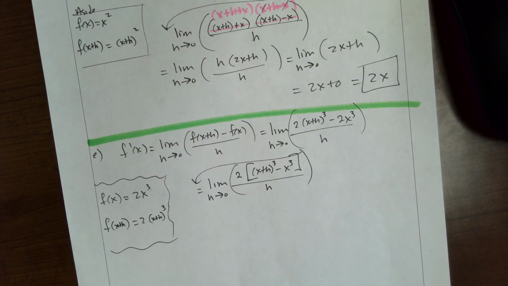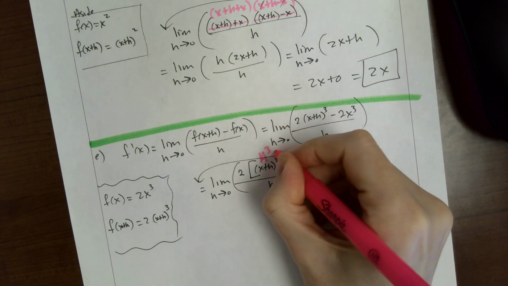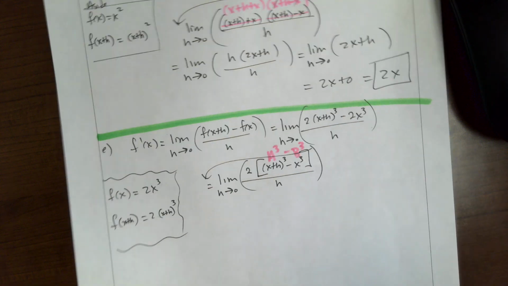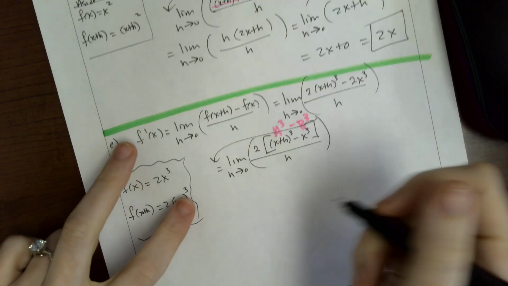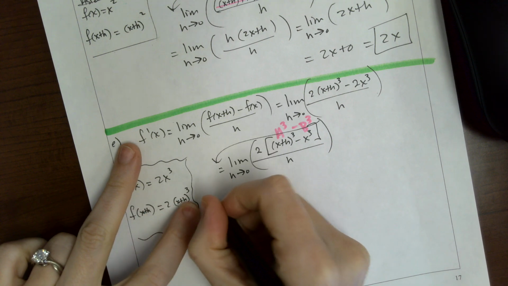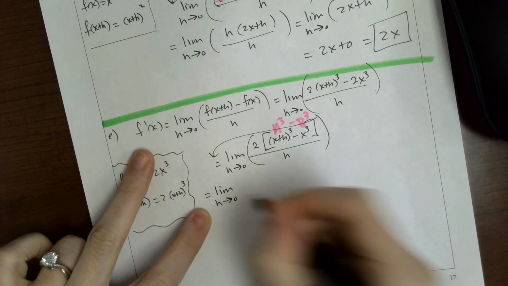Yes, and now inside here we have a difference of cubes. So this is of the form a cubed minus b cubed. So I'm going to factor it using the difference of cubes formula.